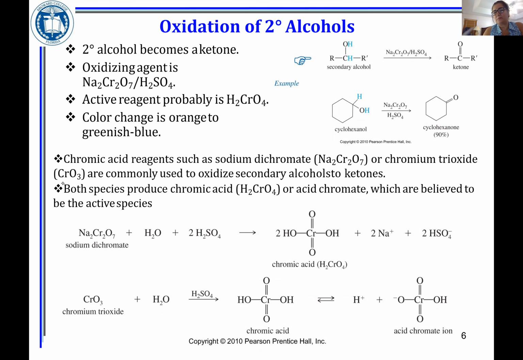Usually for safety, we go with the weaker oxidizing agent. But since ketone doesn't go to carboxylic acid or ester with a strong oxidizing agent unless you have a specific catalyst, which we are not going to cover in this chapter, it's okay to oxidize secondary alcohol with a strong oxidizing agent. So we get to ketone.